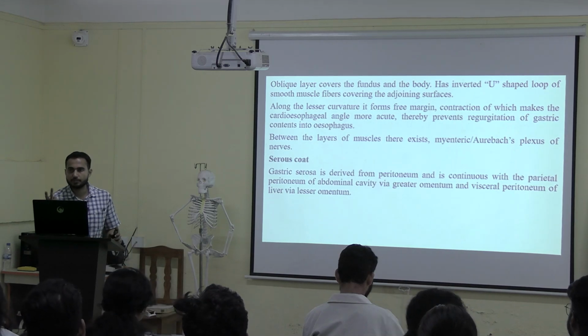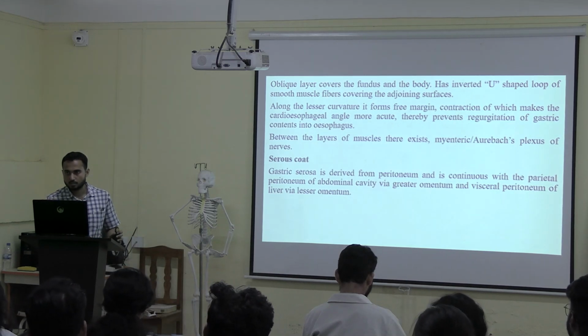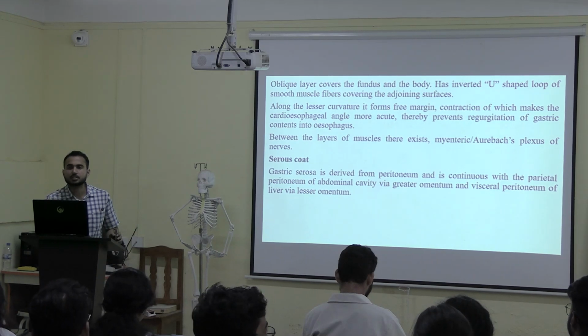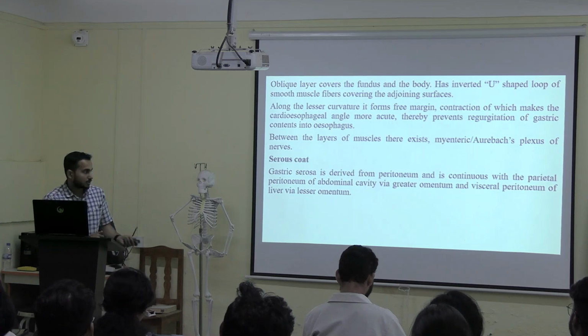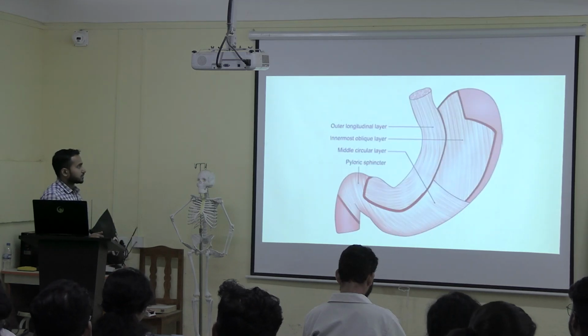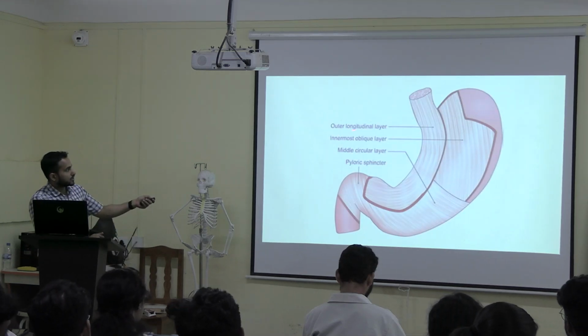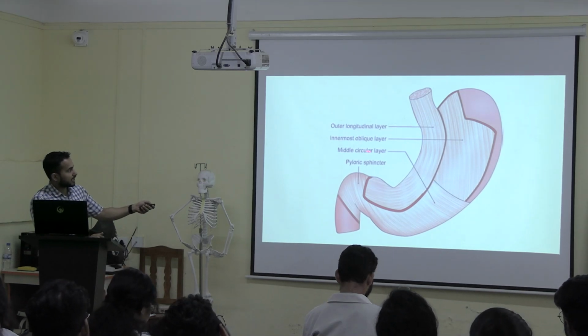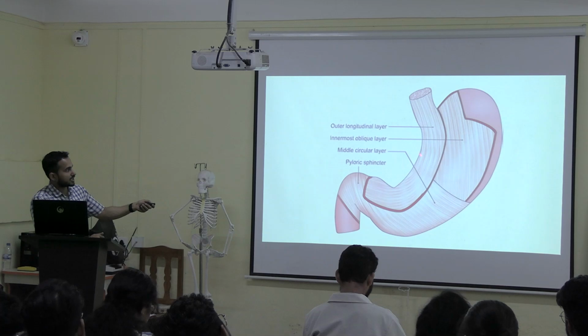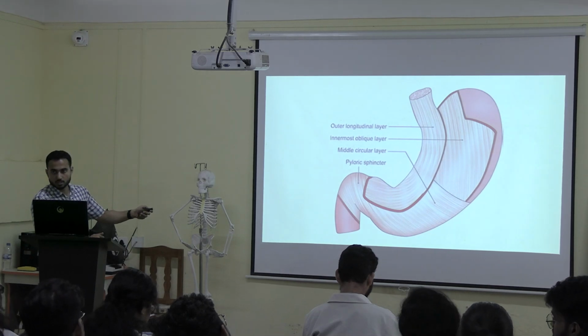Peritoneum में दो layer रहता है, parietal layer and visceral layer. So which cells are present? Mesothelial cells are present. These are nothing but an example of simple squamous epithelium. Here you can see the longitudinal layer, you can see the innermost oblique layer, and you can see the middle circular layer. Okay, three distinct layers are visible in case of stomach.